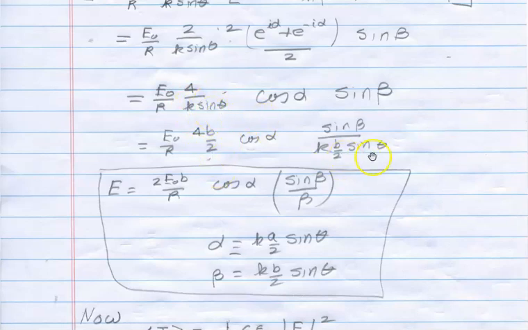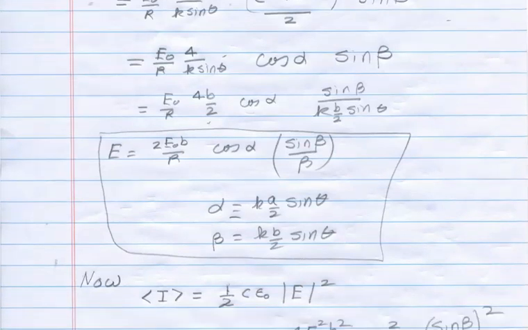So I've taken this inside. And so that gives me 2 e naught b over r cosine alpha times sine beta over beta. And here alpha is ka over 2 sine theta, beta is kb over 2 sine theta.